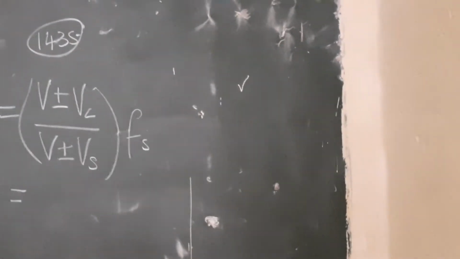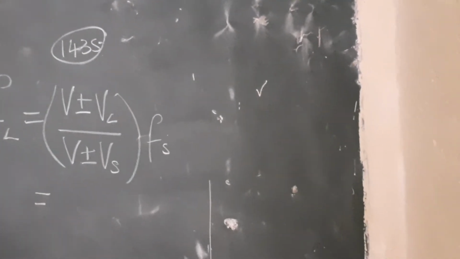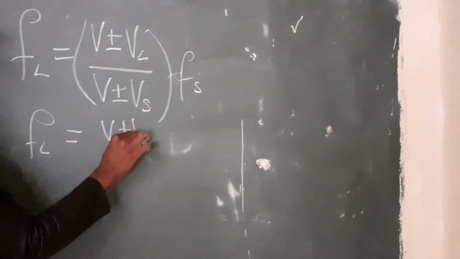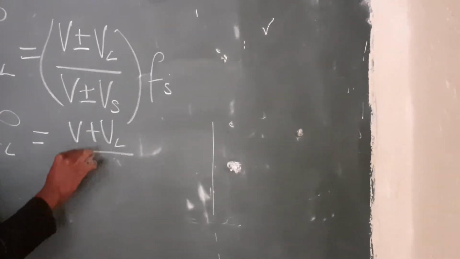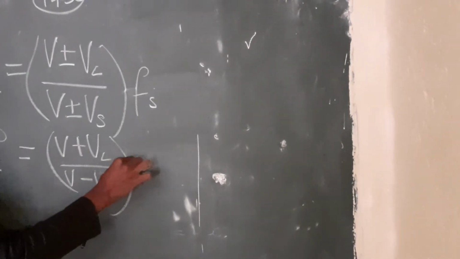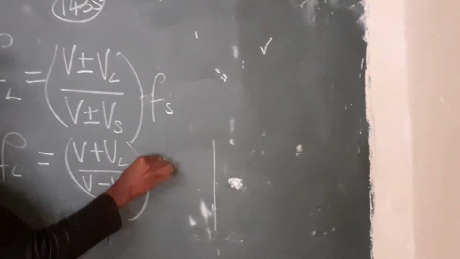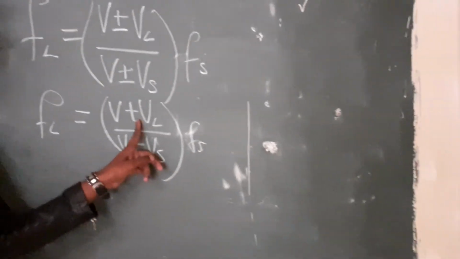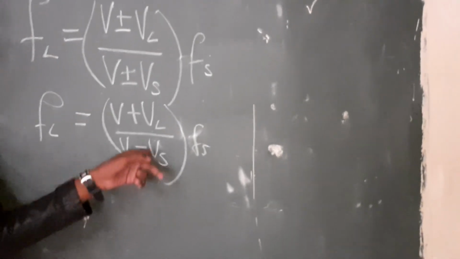You remember that we use the formula of the frequency of the listener as V plus VL over V minus Vs, all multiplied by the frequency of the source. Where we said plus means going towards, and minus means going away.